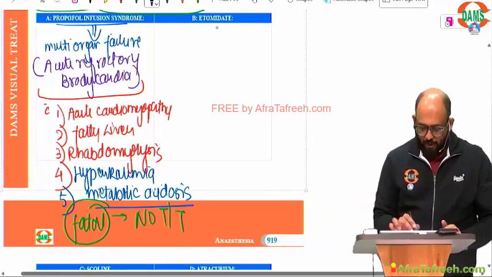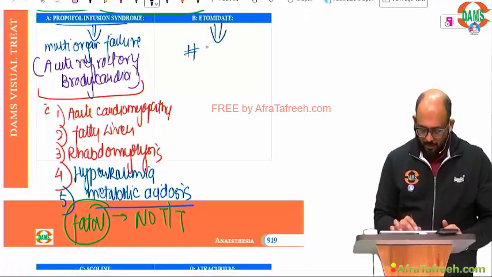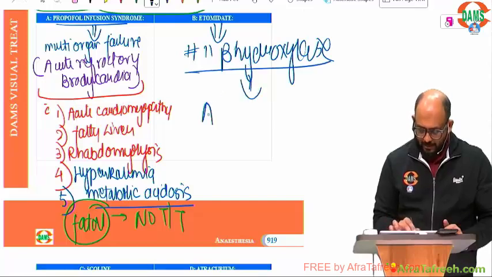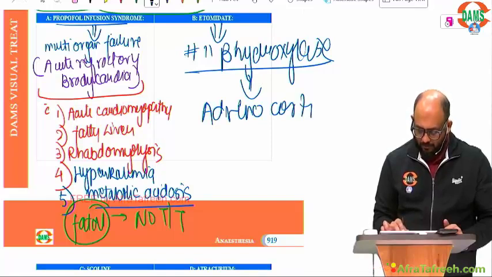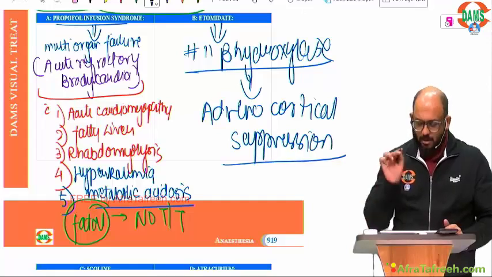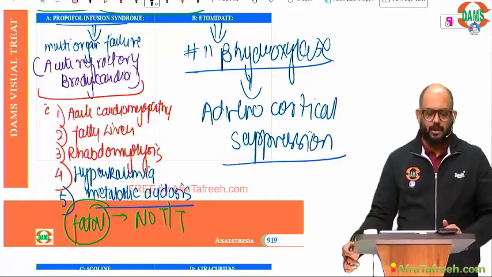Etomidate, long-term infusion causes inhibition of 11-beta hydroxylase enzyme causing adrenocortical suppression.